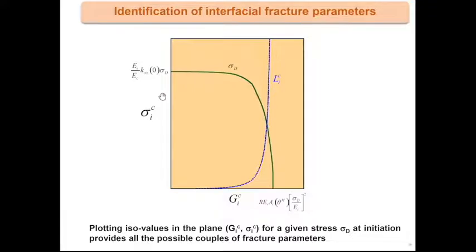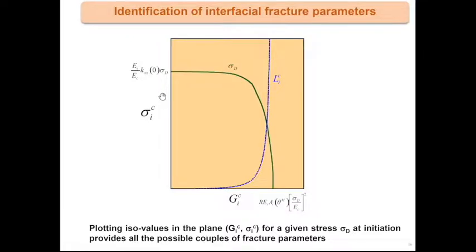Okay, so this green curve for a given debonding stress corresponds to all the couples of fracture parameters which correspond to this debonding stress.